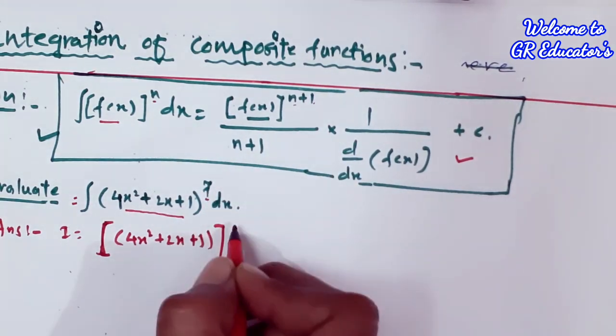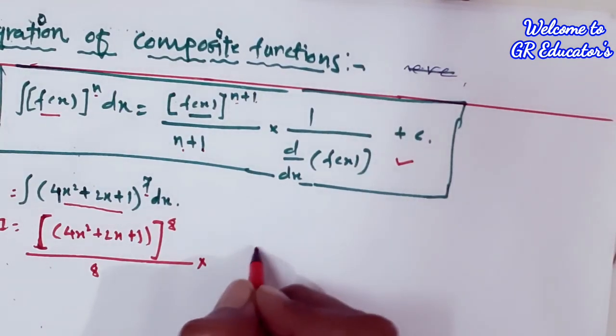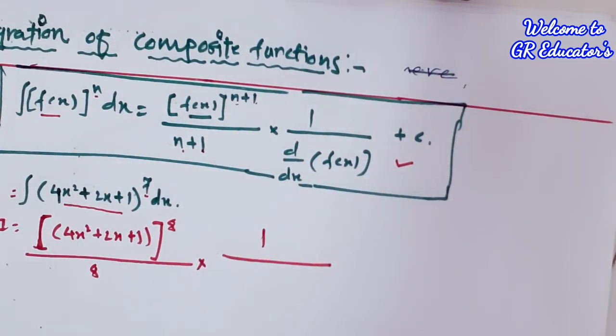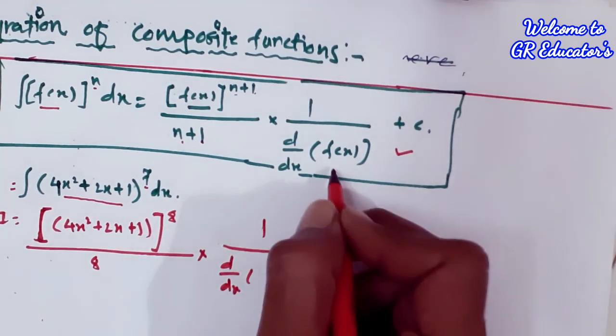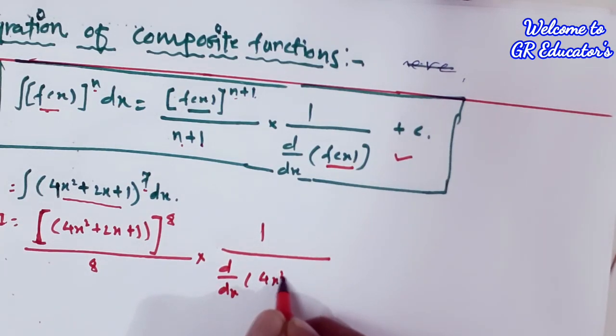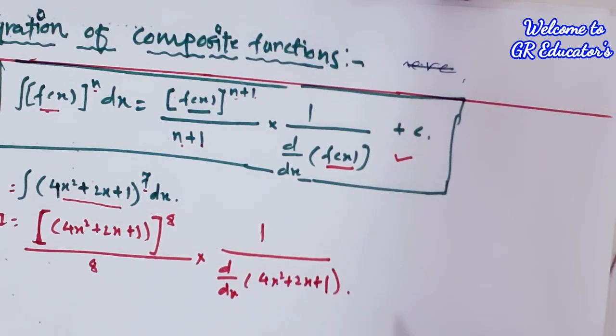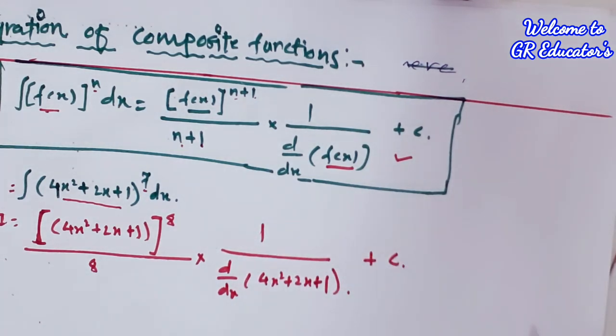So n here, 7, becomes 8, divided by n plus 1, again 7 plus 1, 8, into 1 divided by the derivative. So the derivative of f of x, our 4x square plus 2x plus 1. And after integration it is over, so plus c.